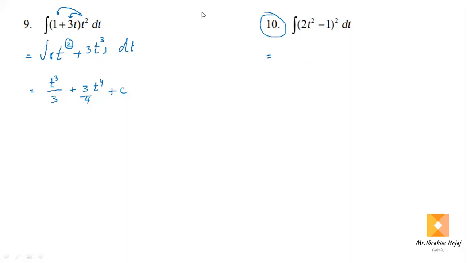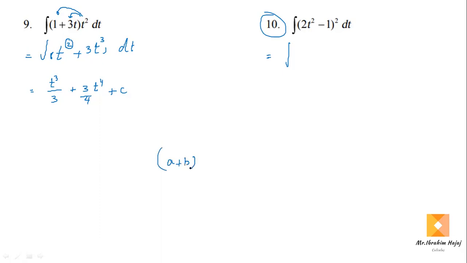Expanding, right? We will expand first. It would be 2t to the power of 4. I have a question: in the expansion, is a squared for all of a, including the 2, or only the t?